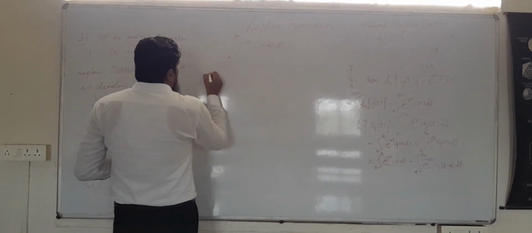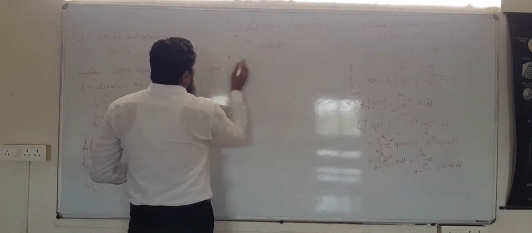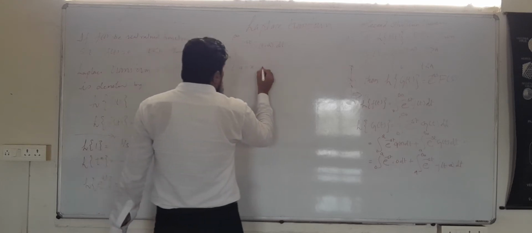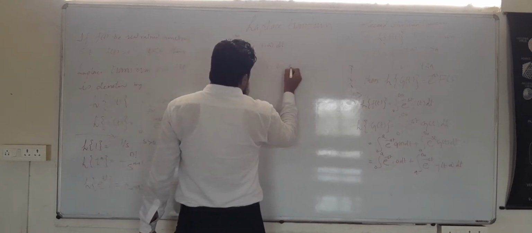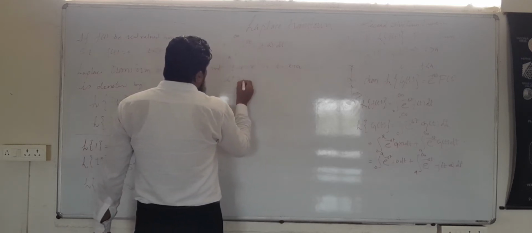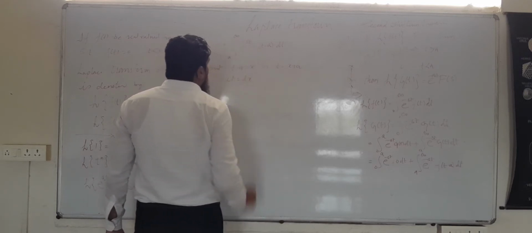Now, put t minus a equal to x. This implies that t is equal to x plus a, correct? And dt is equal to dx.